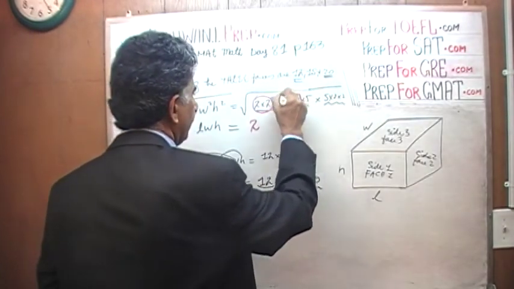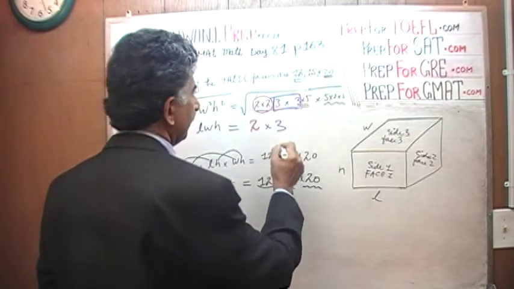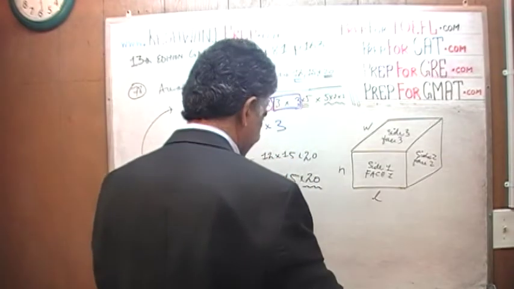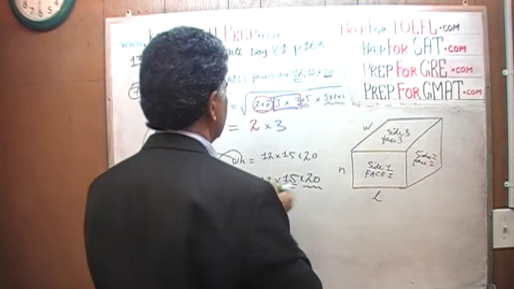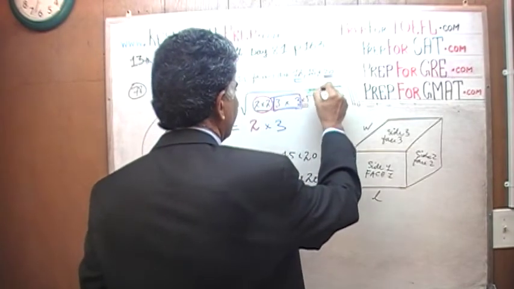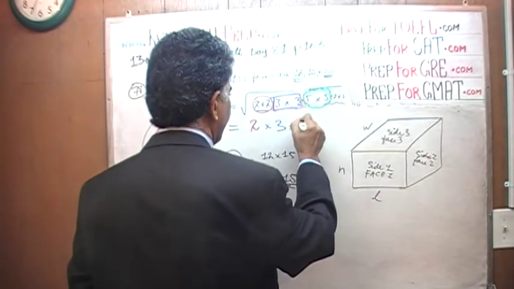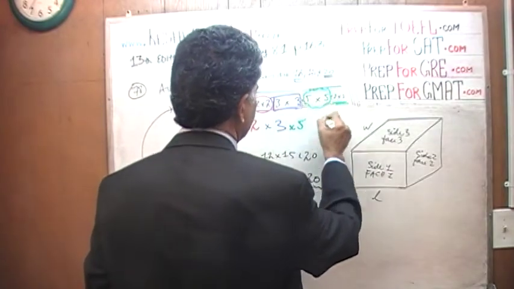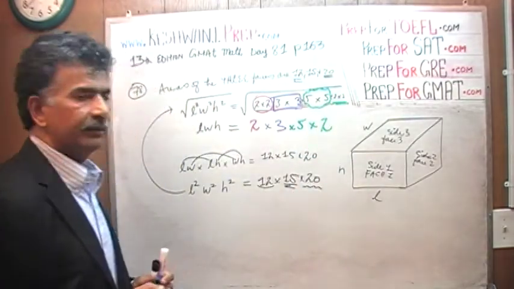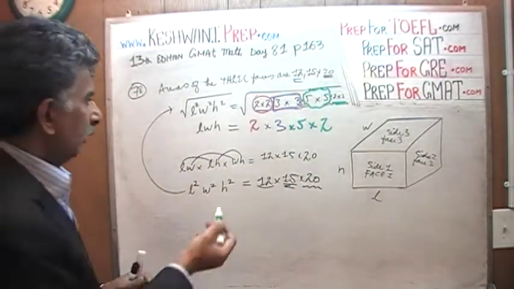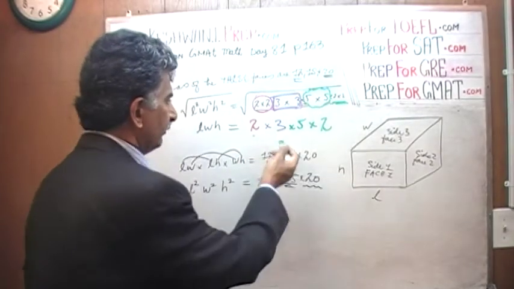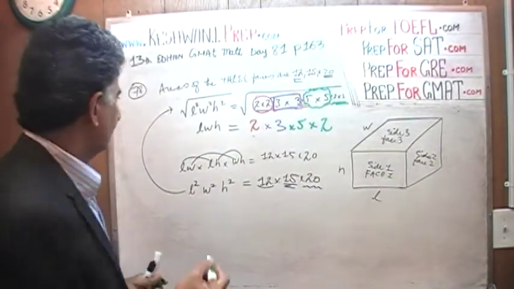Here I see 2 3's, so that's the 3. Here I see 2 5's, so that's the 5. And finally I see 2 2's, and that's the 2. That's it, that's your volume. 2 times 2 is 4, 4 times 3 is 12, 12 times 5 is 60, same as before.